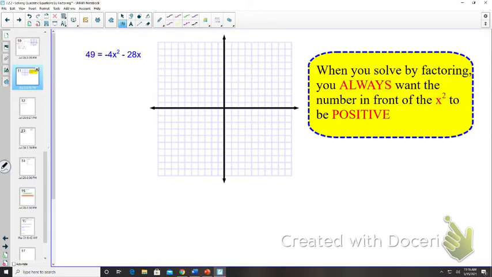If I always want the number in front of the x squared to be positive, I move the stuff from right to left. Then I'll have positive coefficients. So plus 4x squared, plus 28x, and the other terms cancel, that equals 0. So then you get 4x squared plus 28x plus 49.